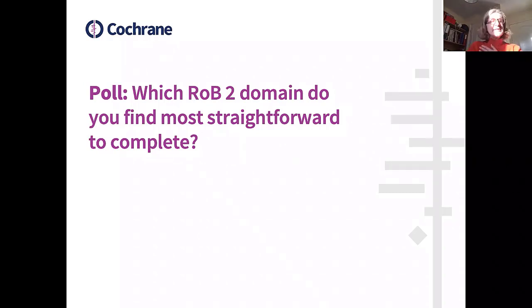Okay, so what I'm going to do is go through the domains and give a good practice example for each one, which hopefully will give some guidance to people about how you should be thinking about that domain.